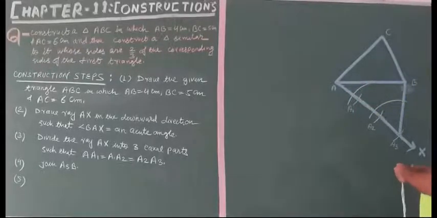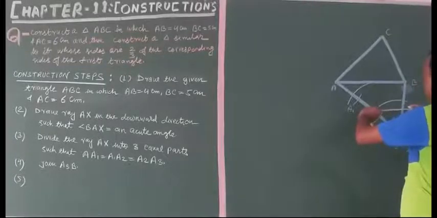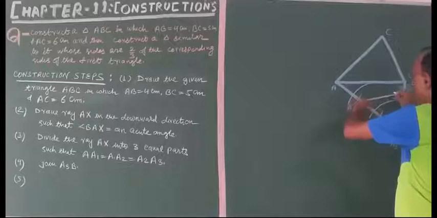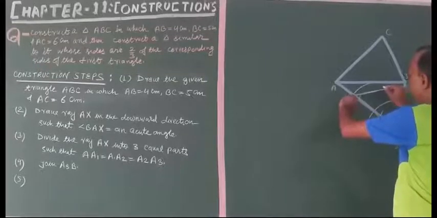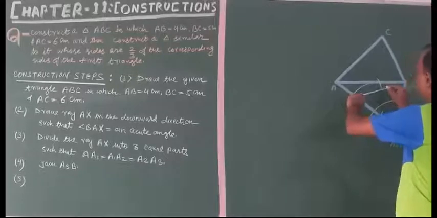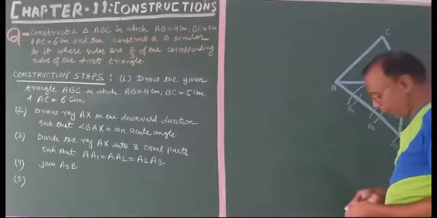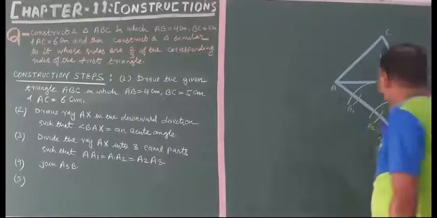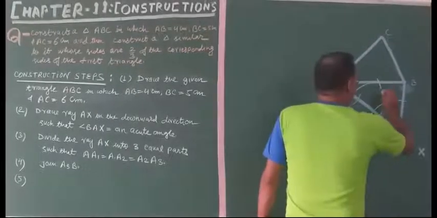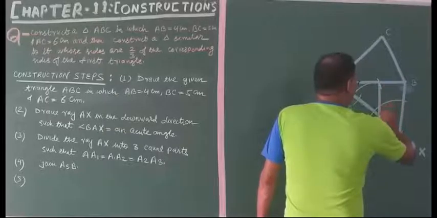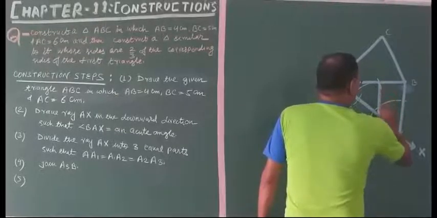Then we will measure this A2 to this point, and we will put this here and join them. So this is the intersection of these two. So in this way, we can draw the line parallel to A3B through point A2, and we will join them. This is the line.